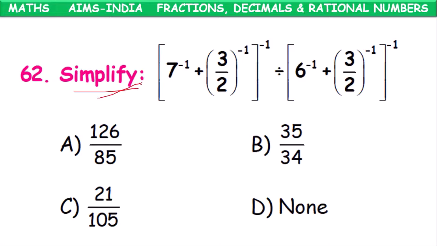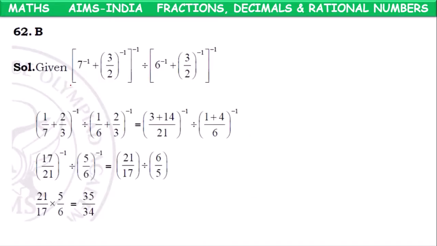Next, simplify. Same model. 7 power minus 1 plus 3/2 whole power minus 1, whole power minus 1. 6 power minus 1 plus 3/2 whole power minus 1, whole power minus 1. We have to simplify. 7 power minus 1 means 7/1 whole power minus 1. We can keep it over 1.